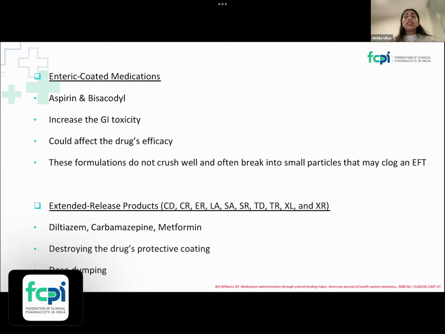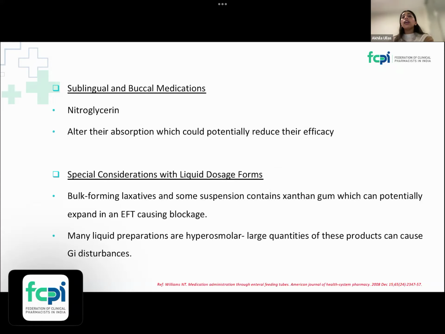Crushing can destroy the drug's protective coating. Once you have started to crush, you may lose 50% or 60% of the drug efficacy, absorption will be reduced, treatment failure may occur, and dose dumping also happens in certain cases.